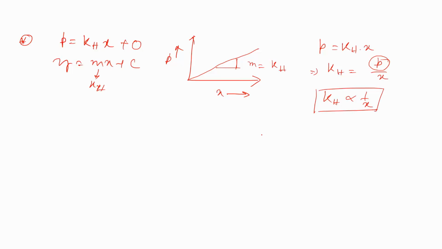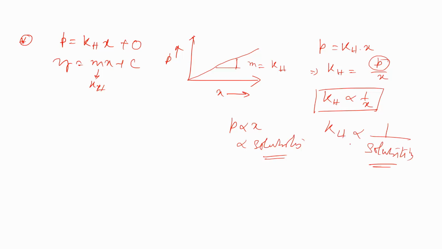So when the KH value is increasing, the mole fraction of the gaseous molecule is decreasing, and we know that the partial pressure is proportional to x. That means it is proportional to the solubility. So KH is proportional to 1 by solubility.